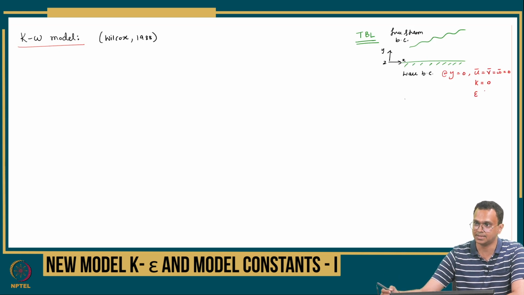The exact expression for epsilon is the correlation of velocity gradients, dou ui prime by dou xj squared. The gradients are large there, so epsilon becomes maximum on the wall.